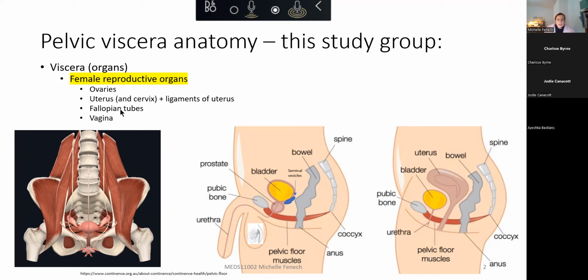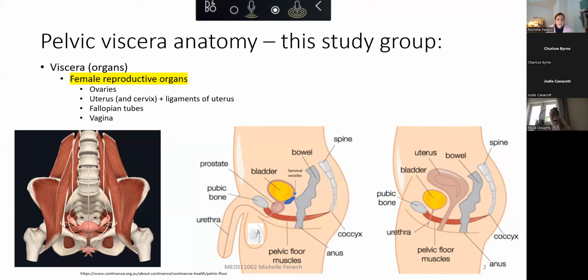And then we'll talk about the fallopian tubes, which we can't see on this image, and then we'll talk about the vagina as well. We don't really see the fallopian tubes when we do imaging because, like those ureters that we talked about that connect the kidneys down to the bladder, they're a collapsed tube, and they're like the ductus deferens in the male.